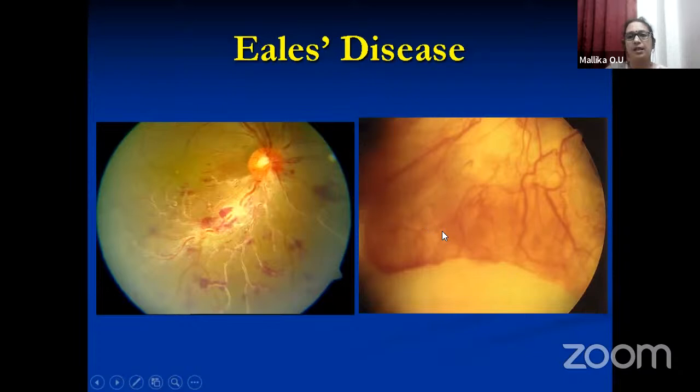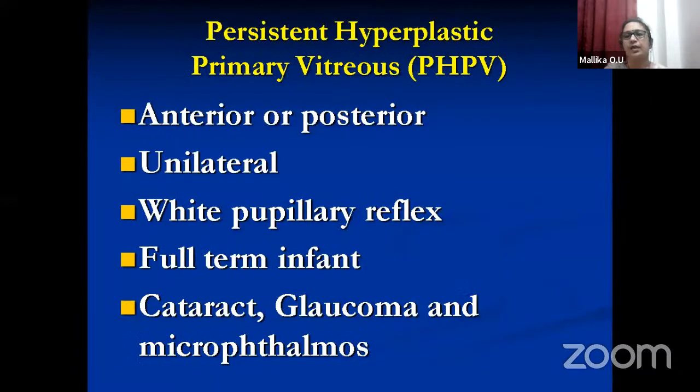And you can see extensive retinal neovascularization and the whole retina is detached. The white area is the detached retina. So that is one small topic, Eales disease, occurring in young males, leading on to recurrent vitreous hemorrhage, tractional retinal detachment, and secondary open angle or angle closure type of neovascular glaucoma.